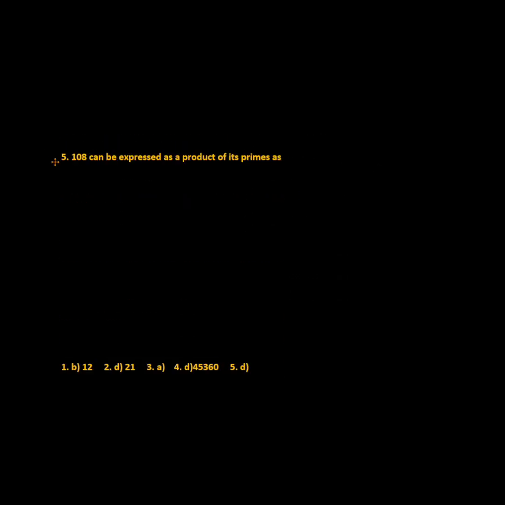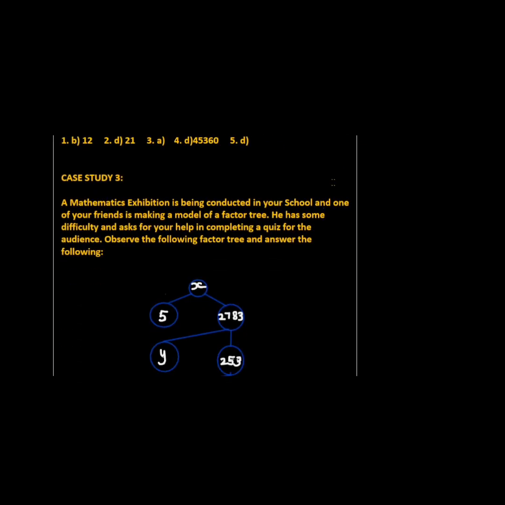Then the next question: 108 can be expressed as a product of its primes. As we expressed already, 108 is equal to 2 squared into 3 cube. So we can express 108 as a product of primes.